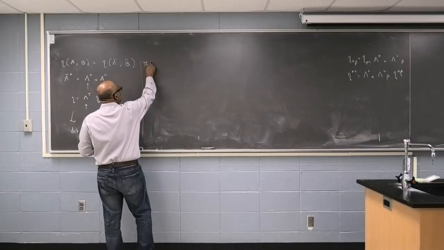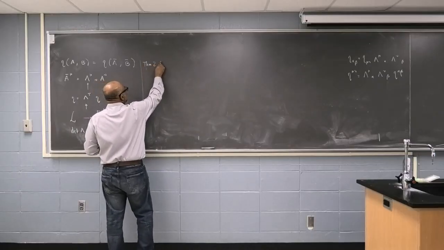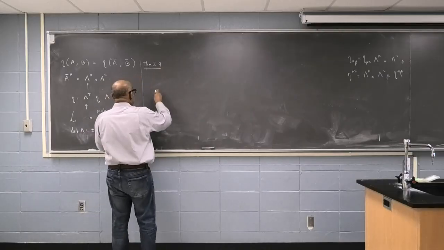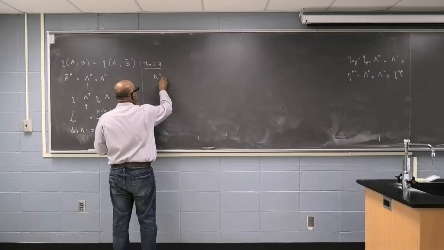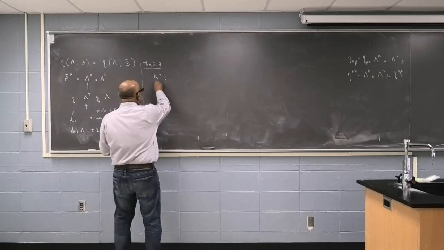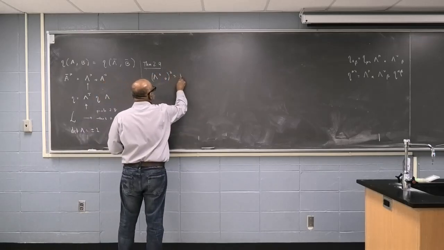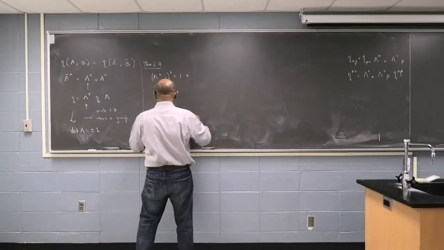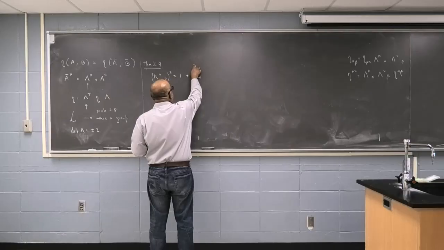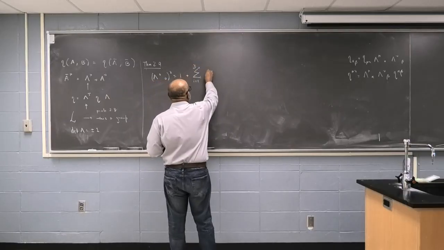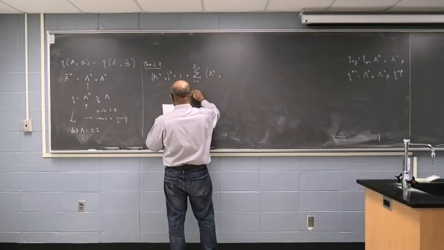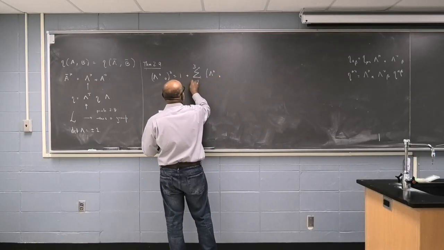Now, theorem 2.9 says the following. Lambda 0 0, so that is the top left corner element, squared equals 1 plus the sum over i equals 1 to 3 of lambda i 0 squared. Now you wonder why I'm doing that. Obviously because lambda k, k equals 1 to 3.